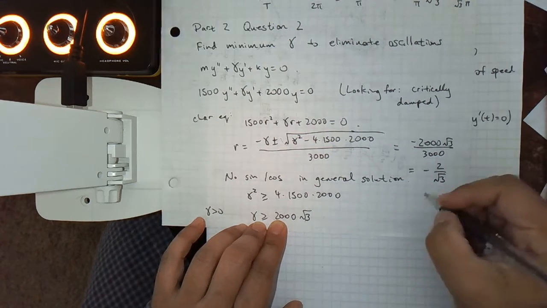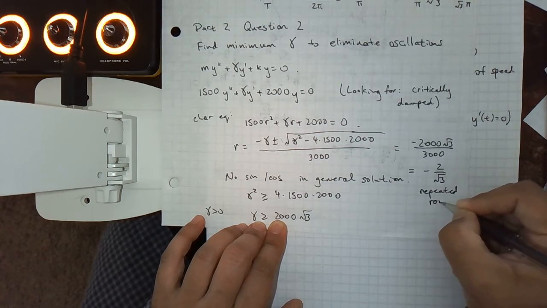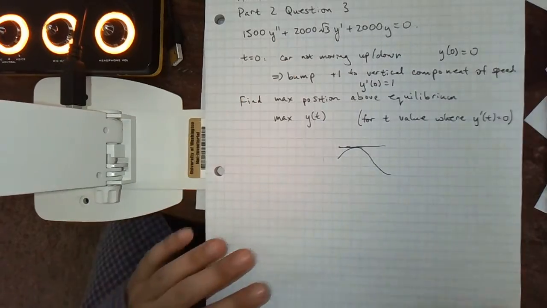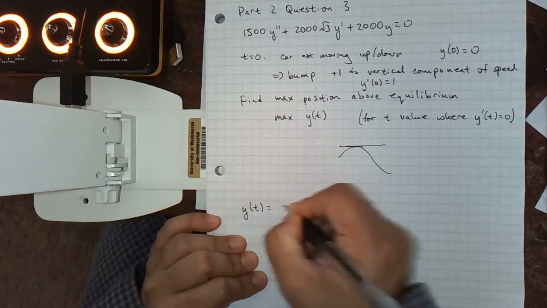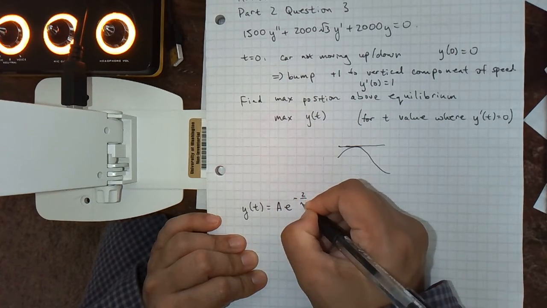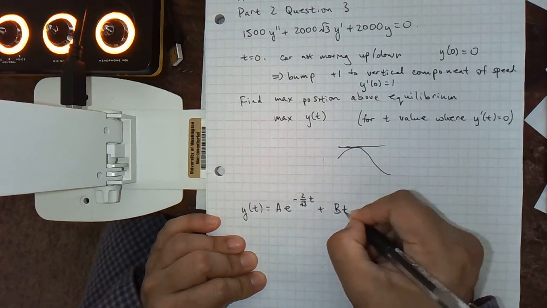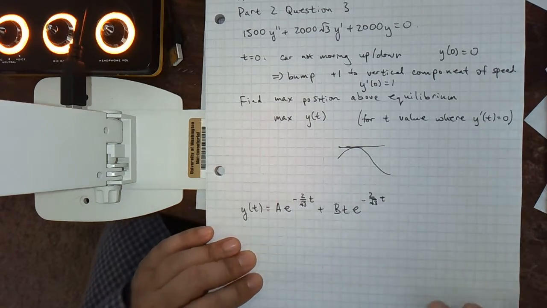And this is going to be a repeated root. So we can skip most of the calculations and go right to a repeated root, so the general solution is going to be a e to the negative 2 over root 3 t plus b t e to the negative 2 over root 3 t. That was the repeated root.